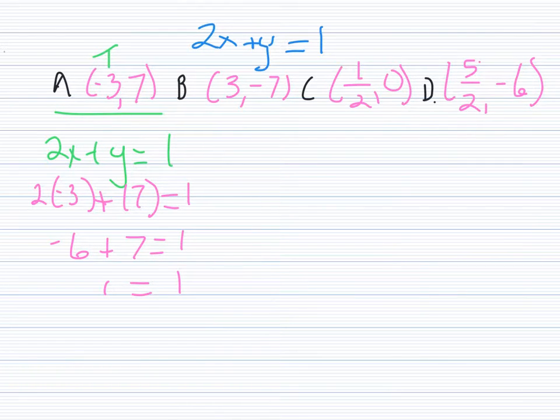So let's try a different one over here. Let me rewrite my equation again. 2 times 3 plus negative 7 equals 1.